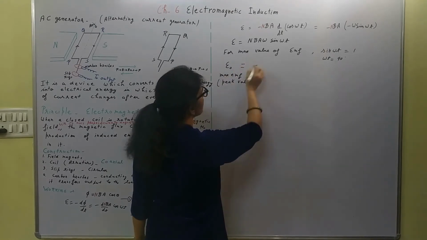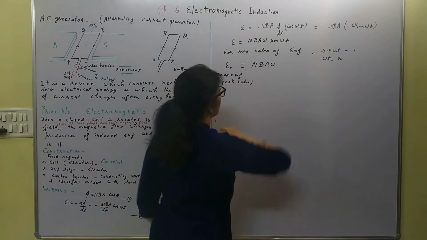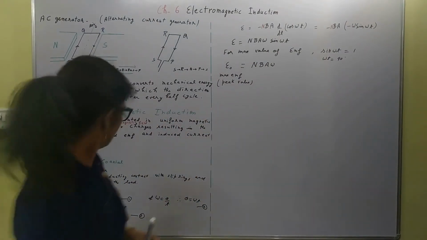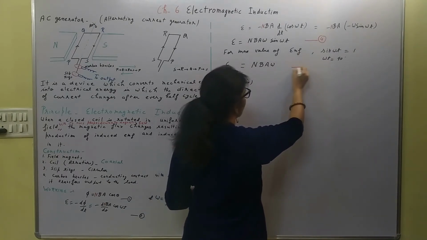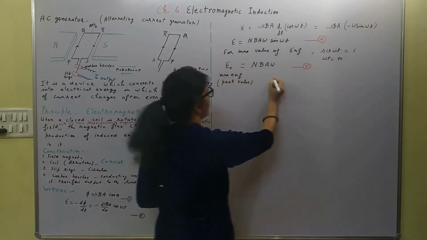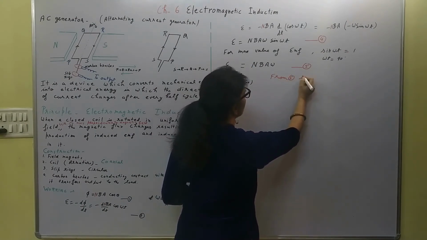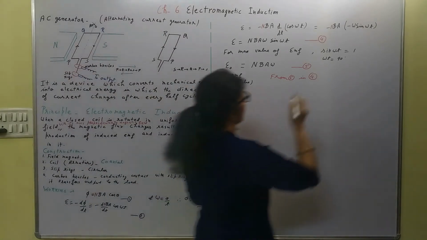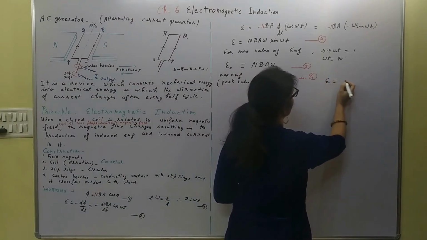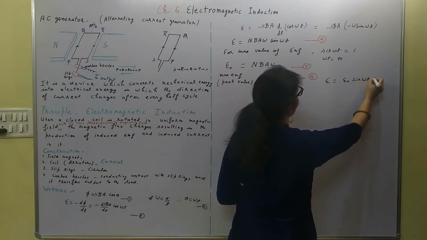This can be written as n b a omega. So if I am marking this as equation 4, this as 5, so from 5 in 4, what will be our expression for EMF? The expression will be E is equal to E naught sin omega t.